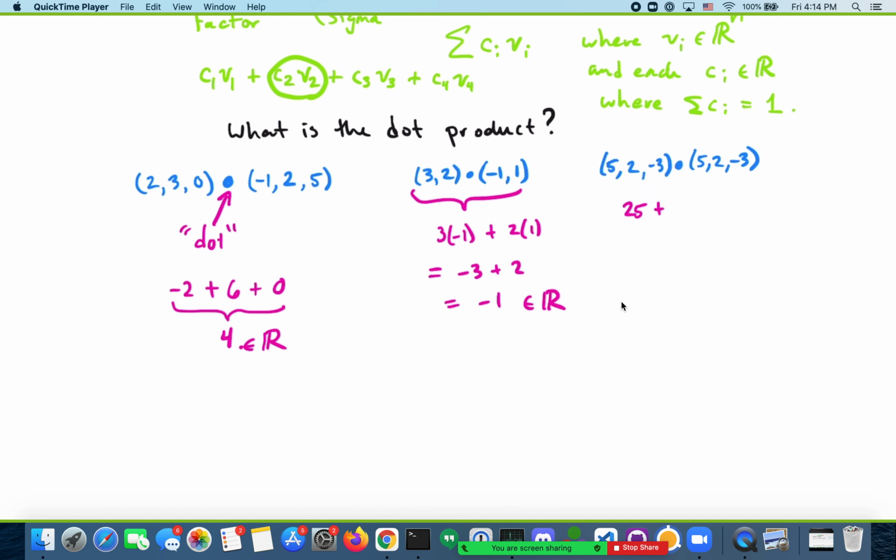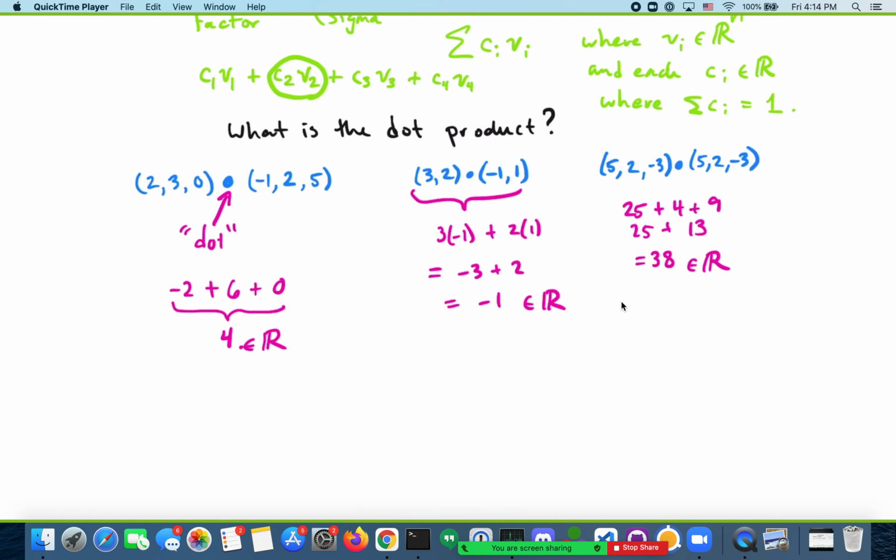What do I do? I add up some things. So 2 times 2 is 4. Minus 3 times minus 3 is 9. Oh, in fact, this is the same vector dotted with itself. When it's a vector dotted with itself, I end up just summing the squares. 5 squared is 25. 2 squared is 4. Minus 3 squared is 9. So I have to add this together, 38.